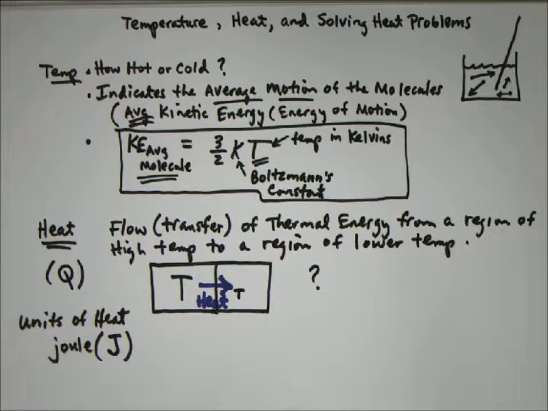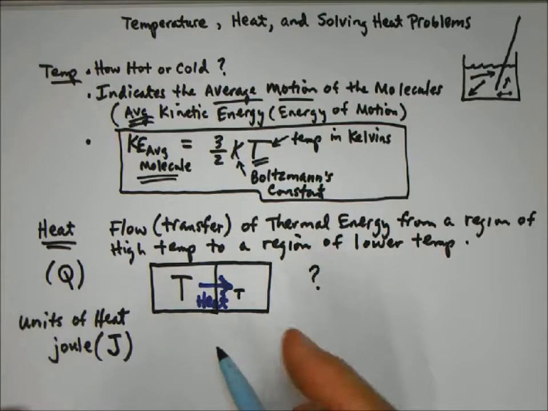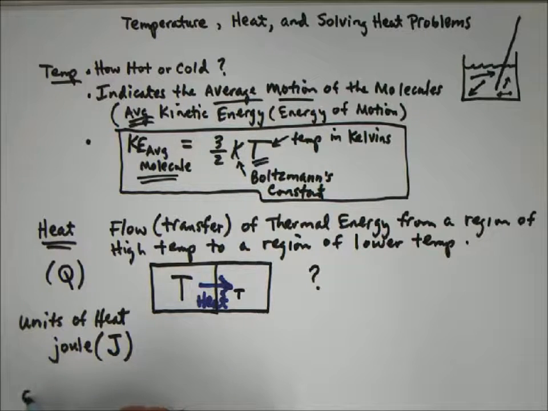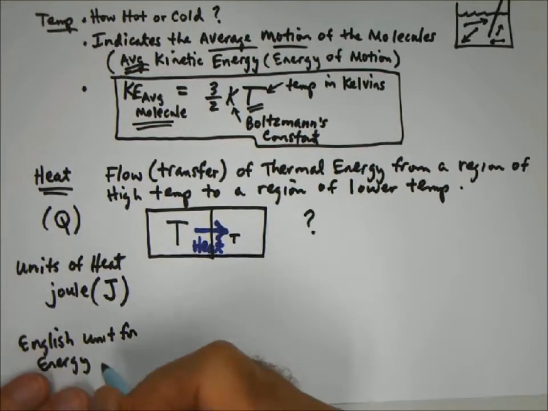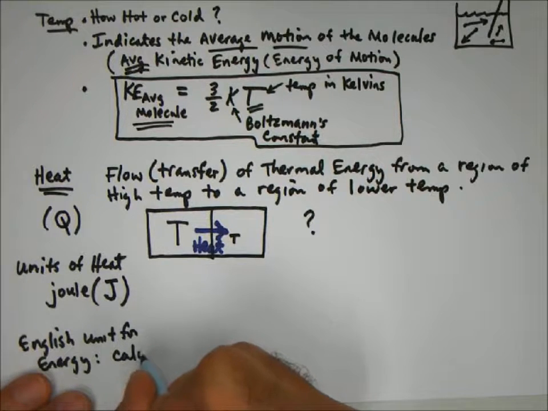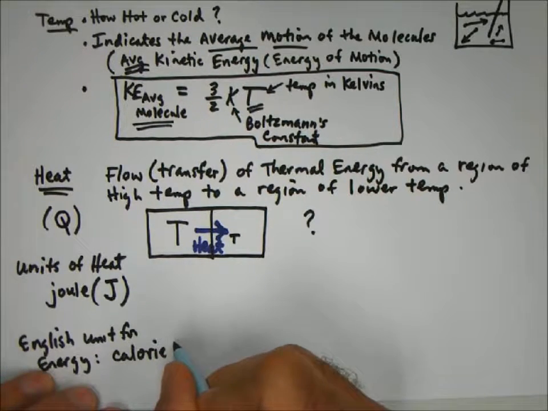Now, for everyday work, at least in the United States, most of us think of heat or energy in terms of a different unit called a calorie. So the English unit for energy, for a long time, is the calorie, abbreviated cal.